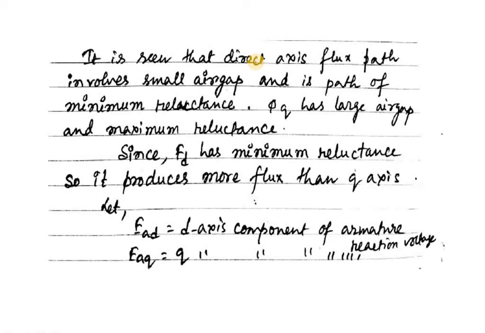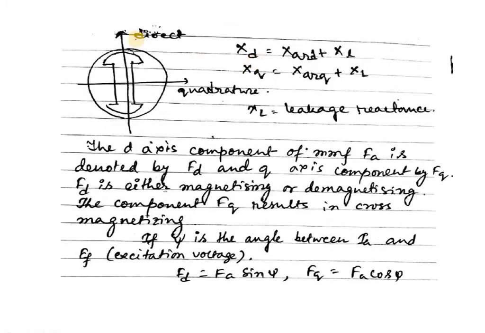So it is seen that the direct axis flux path involves a small air gap and is a path of minimal reluctance. And the Q axis has the large air gap and it has maximum reluctance. You can understand from the diagram. In this part, the air gap is minimum.